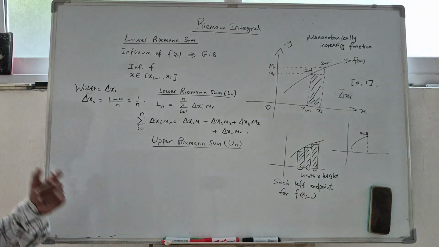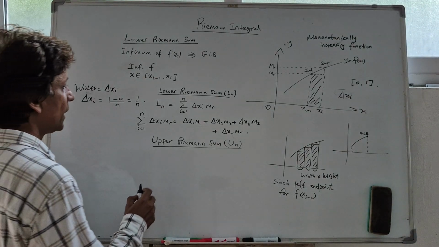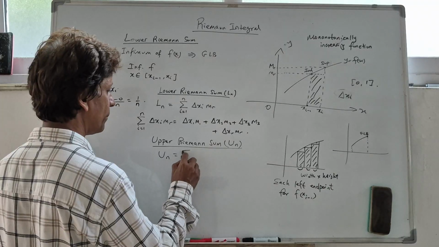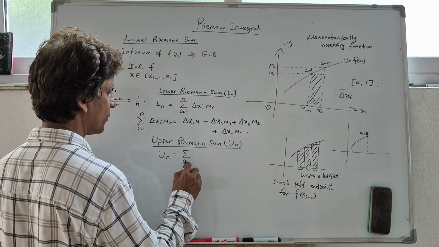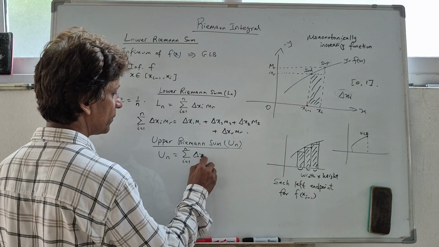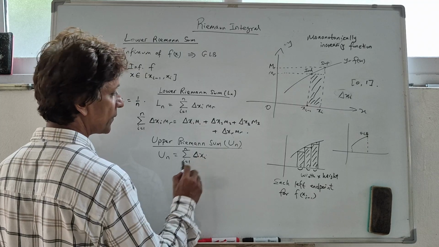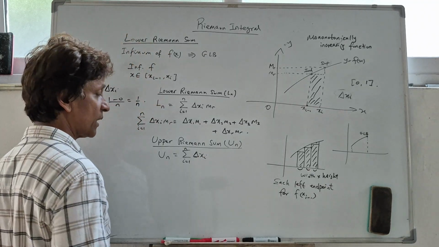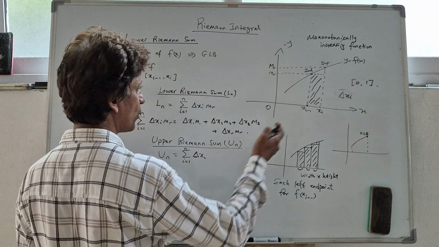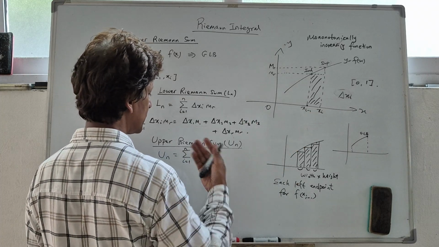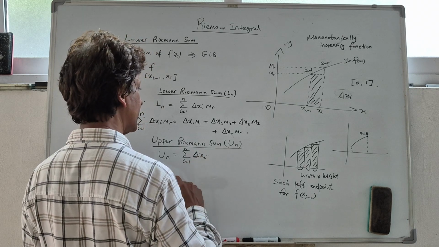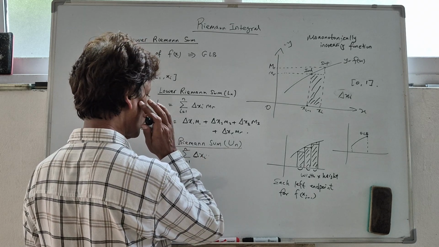So Un is equal to the sum with i going from 1 to n, and this time xi, or xr for that matter. You can just put xr if you want, because it would be just one point, but r generally speaking, times the height again. But what is the height?